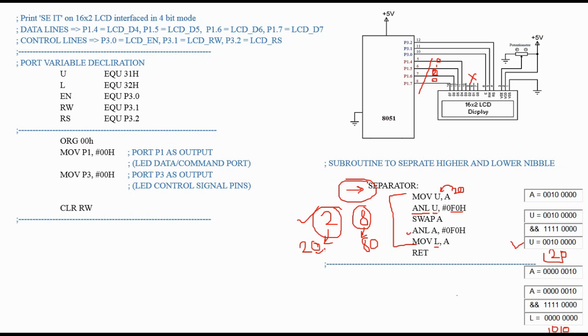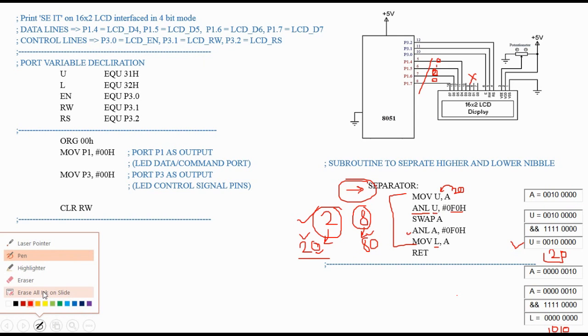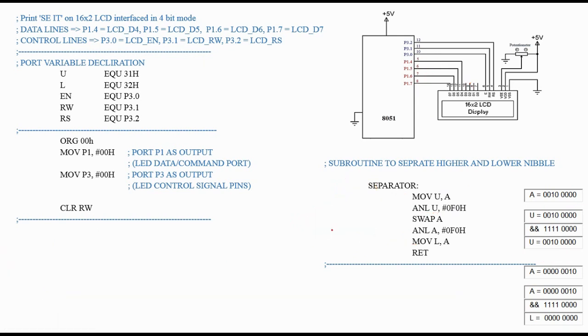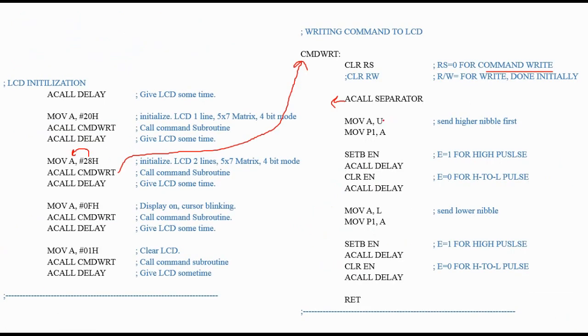So when you are sending this 20, basically only 2 will be considered. In the same way 8 will be considered, not 0. Okay, so in this way we have separated 20 and 80, and we have then sent.